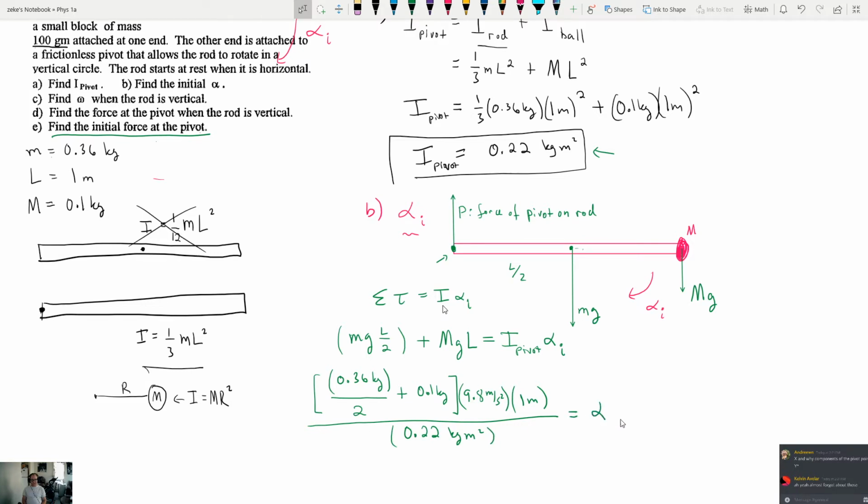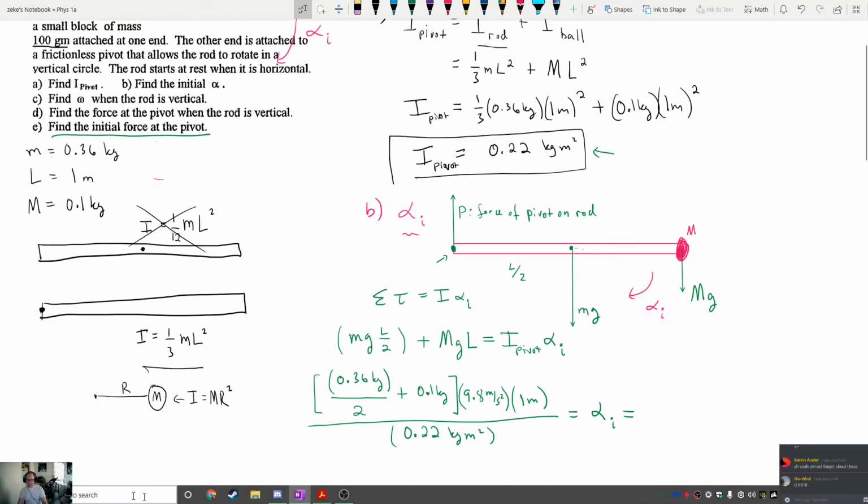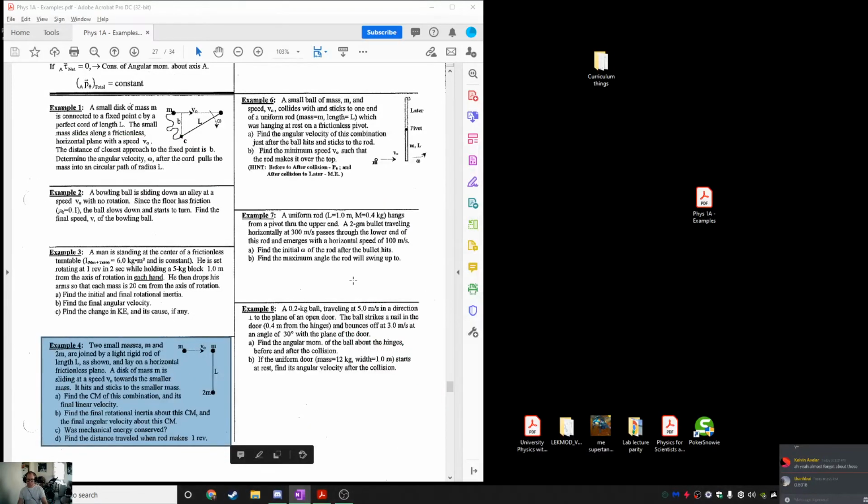That's going to be our initial angular acceleration. What do you get if you calculate that? 0.8018. Really? Is that what you get? You want us to get the same thing?